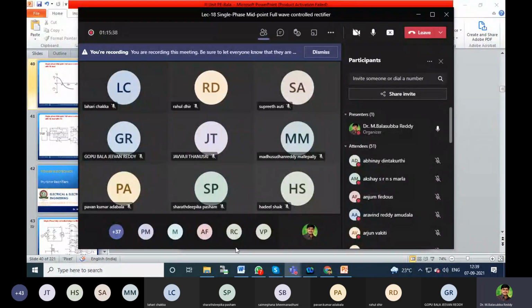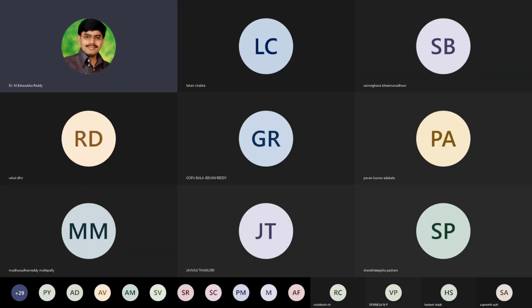From next week onwards, lab sessions are going on. I already shared the lab manuals, Word documents, in the LMS server, but today evening I will share the PPTs also for cycle 1 and cycle 2. You must write the cycle 1 and cycle 2 experiments in your observation before coming to the lab.